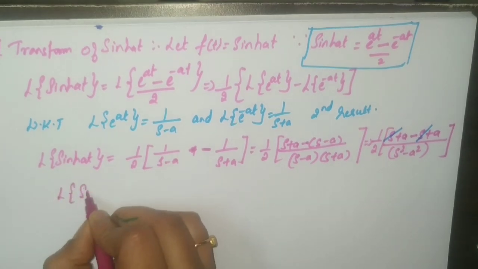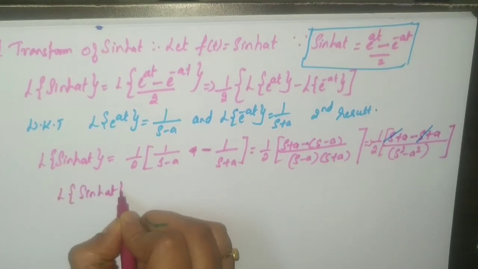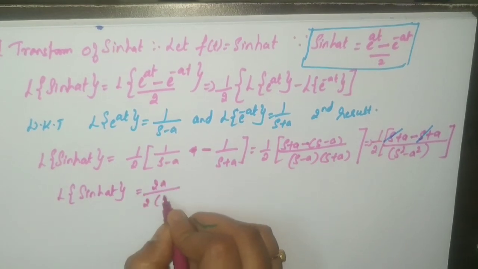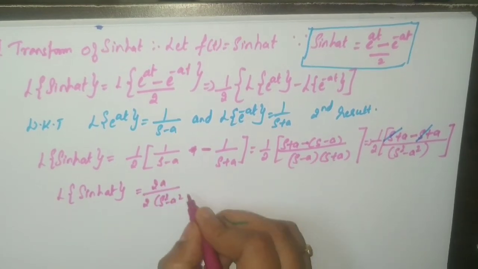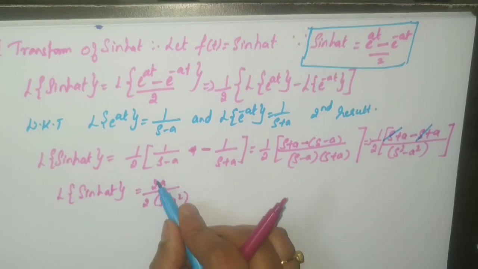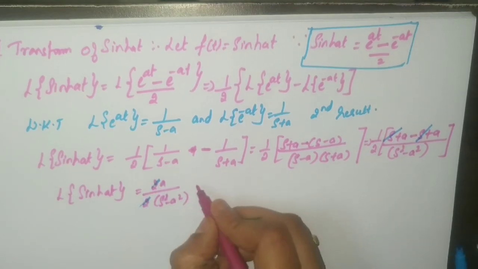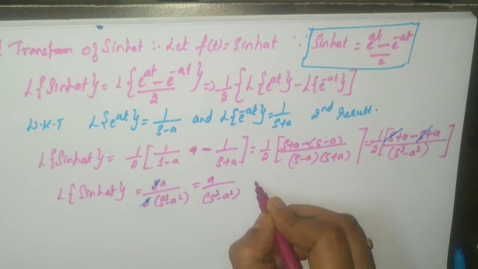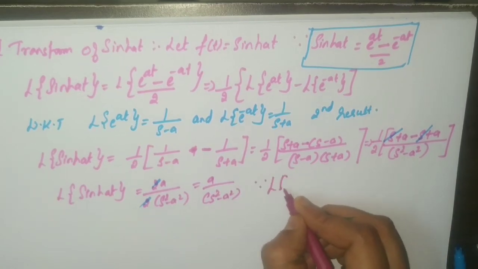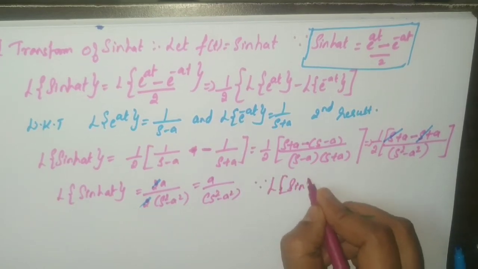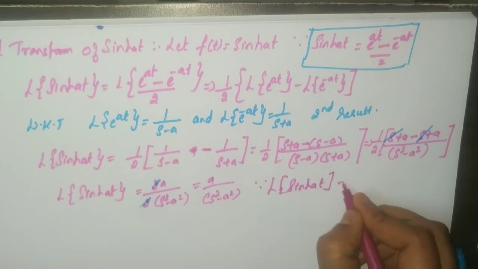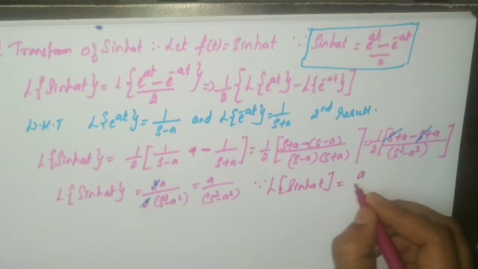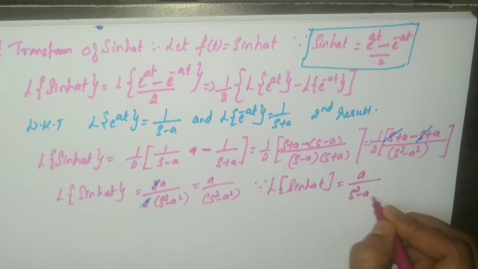We are left with Laplace of sin hyperbolic at equal to 2a by 2 into s square minus a square. 2 cancels out, so we have a by s square minus a square. Therefore, if you get any problem with sin hyperbolic at, the direct transformation is a by s square minus a square.